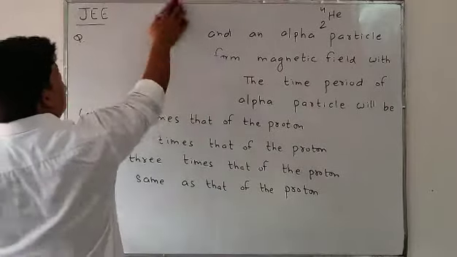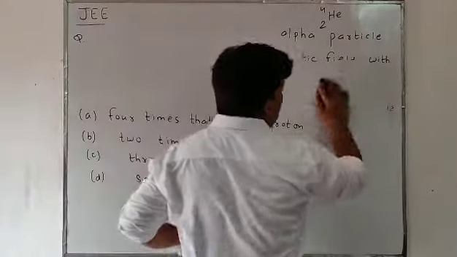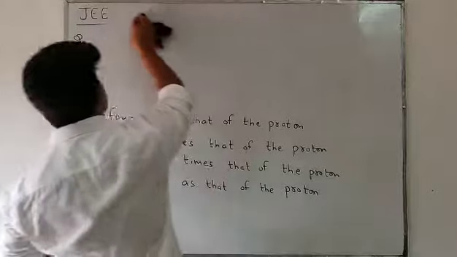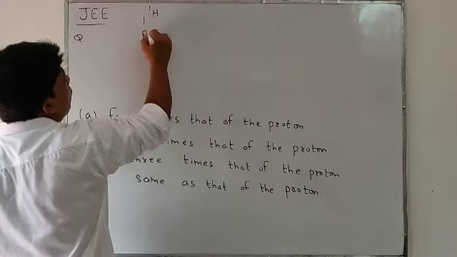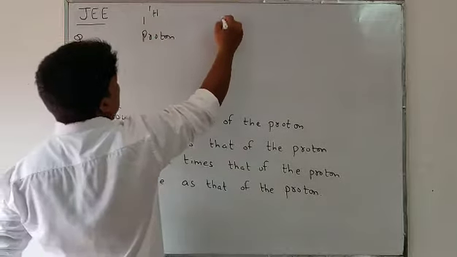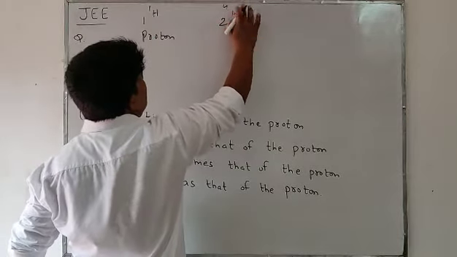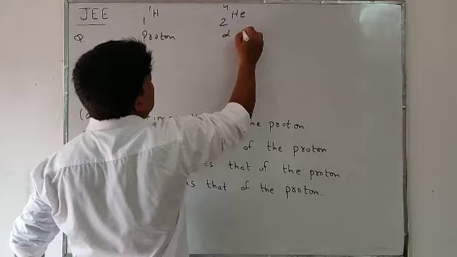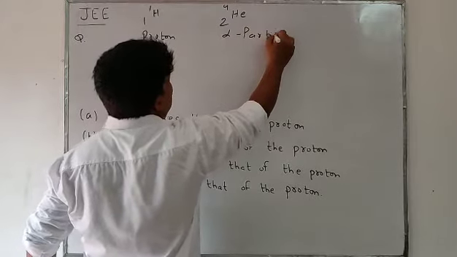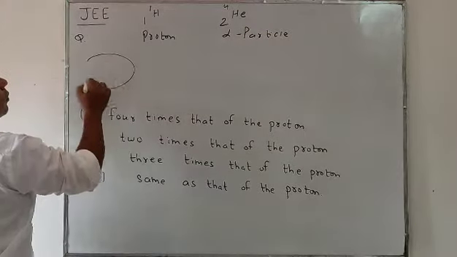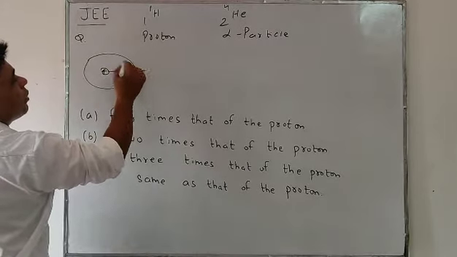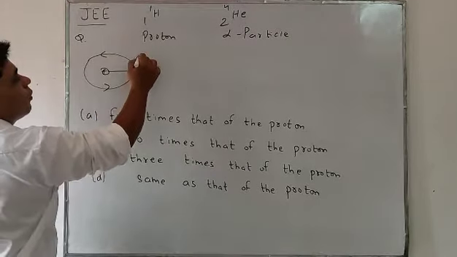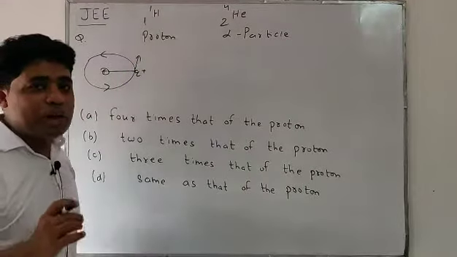the question. Okay, in order to solve the question, we are given 1H1 proton and 2He4 as an alpha particle. We know, as we did in the cyclotron, whenever a charged particle revolves in a circular path, what will be its time period?